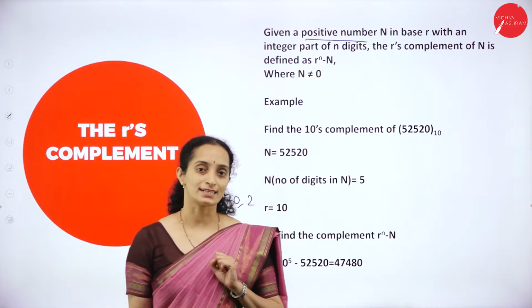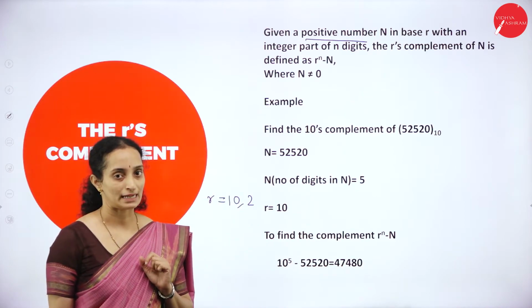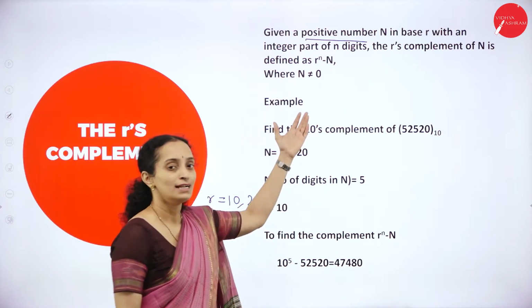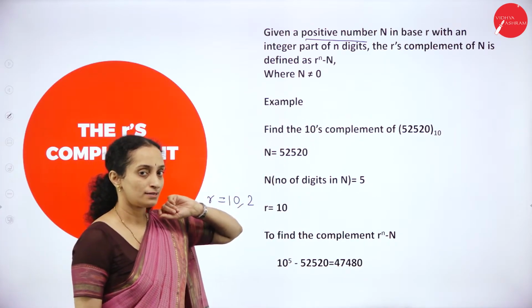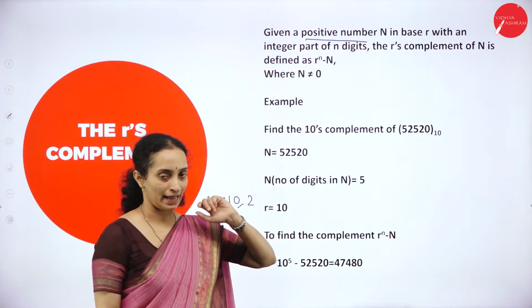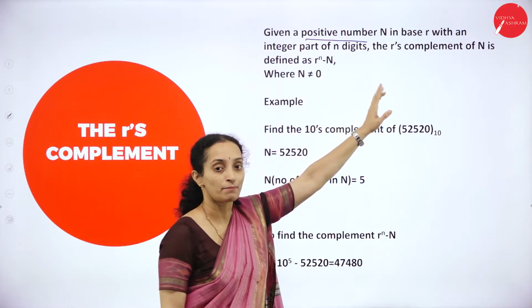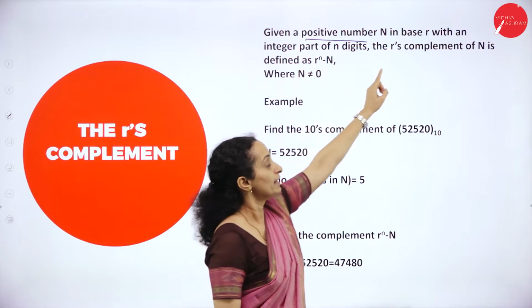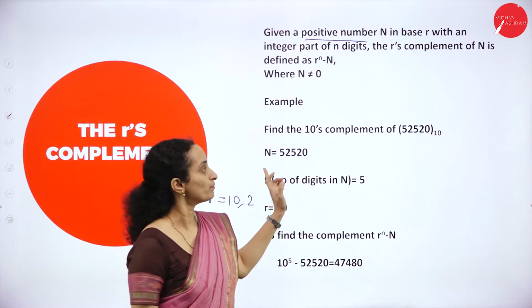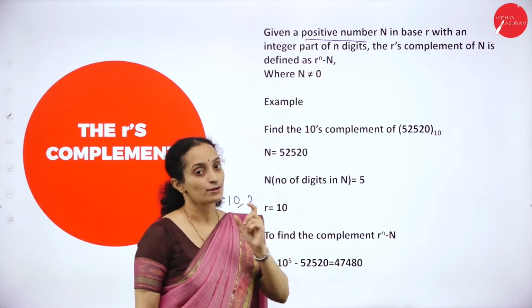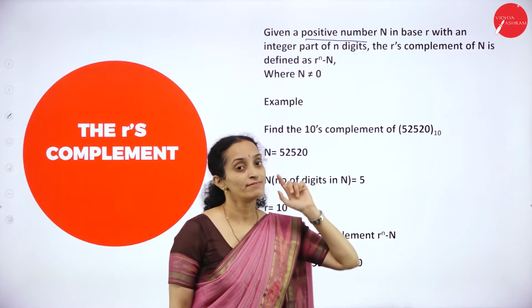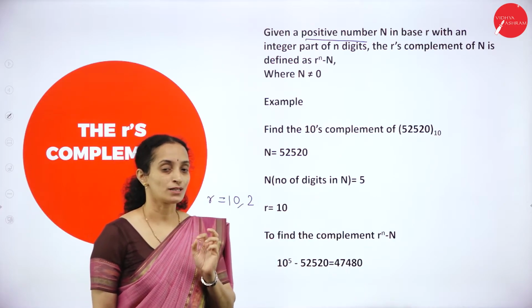What is the procedure that can be carried out to complement a number? The definition says that if you have a positive number N represented in base R, where R can be either 10 or 2, with an integer part of n digits, the number of digits in the number will be important to find the complement.